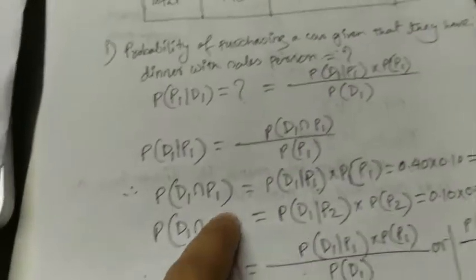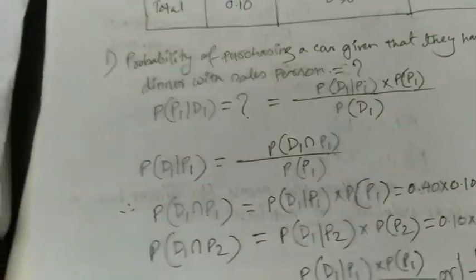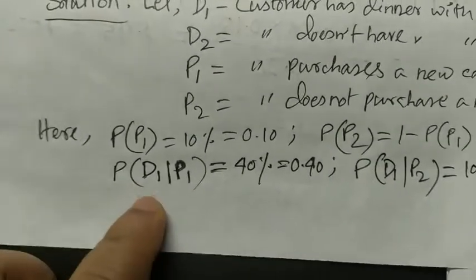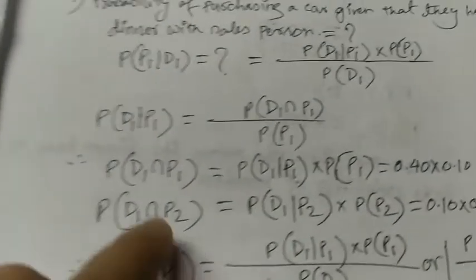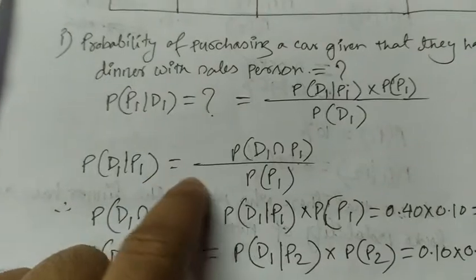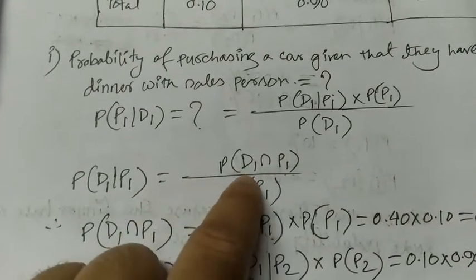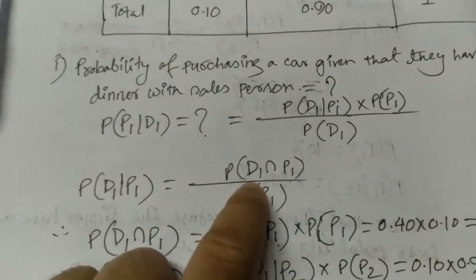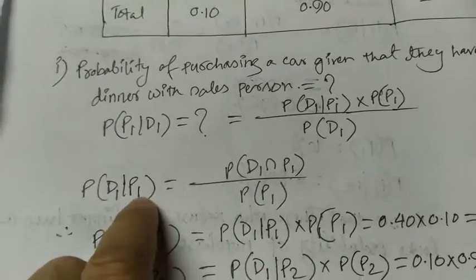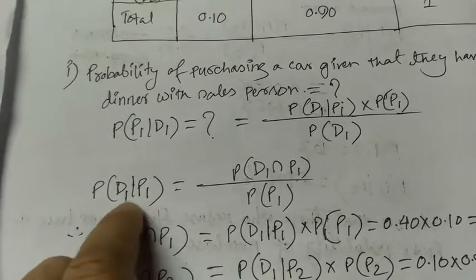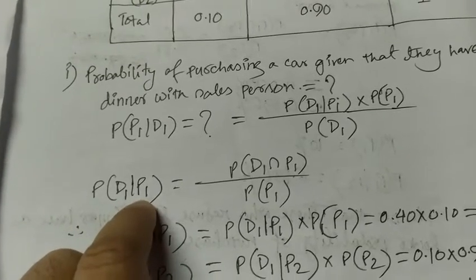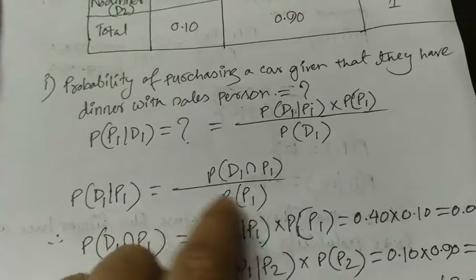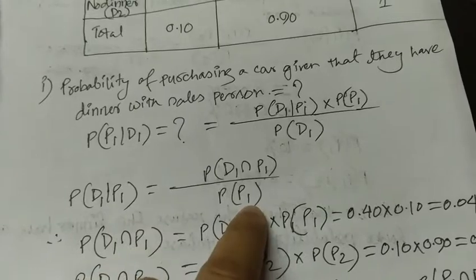Now as you can see, we have probability of D1 given P1, which is 40%. We know that probability of D1 given P1 is probability of D1 intersection P1 divided by the given part, that means P1.